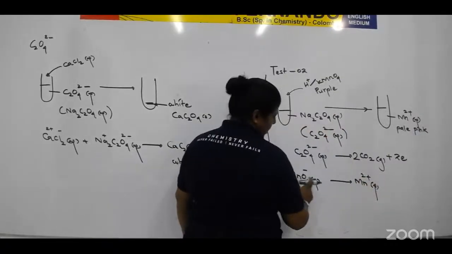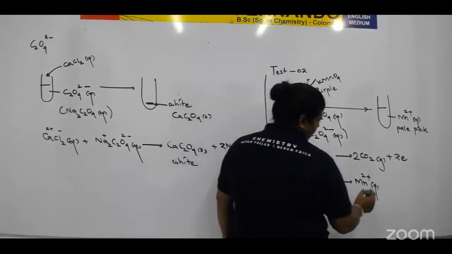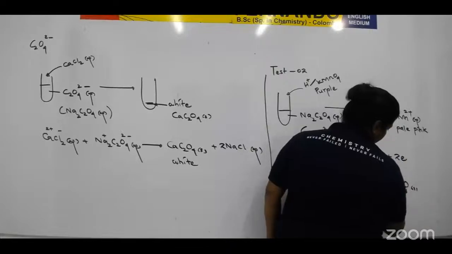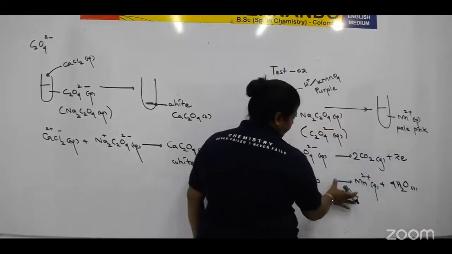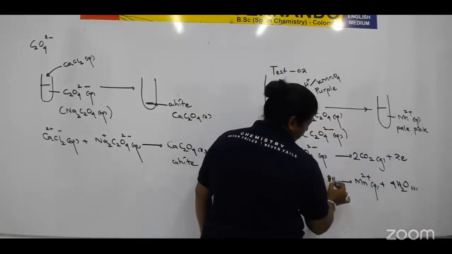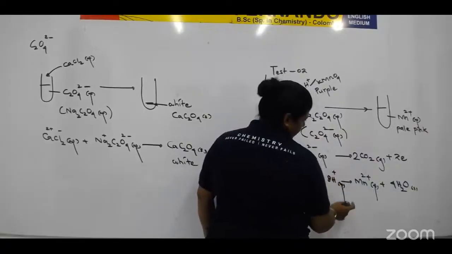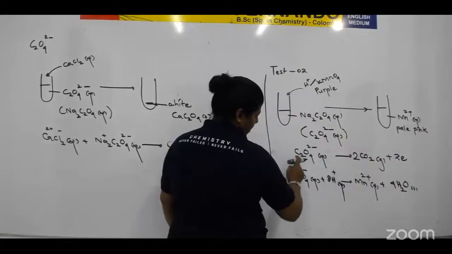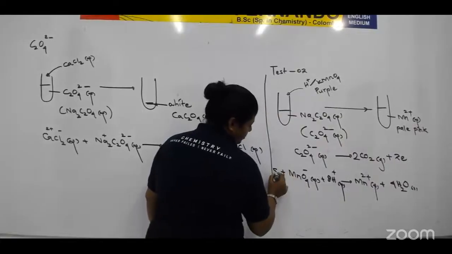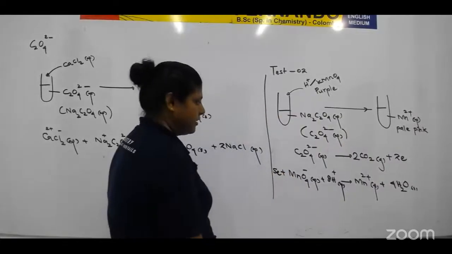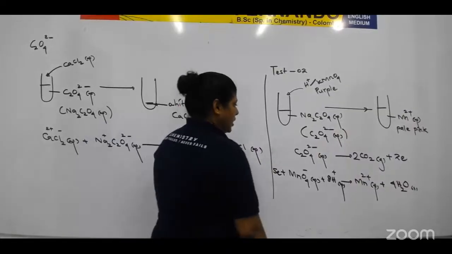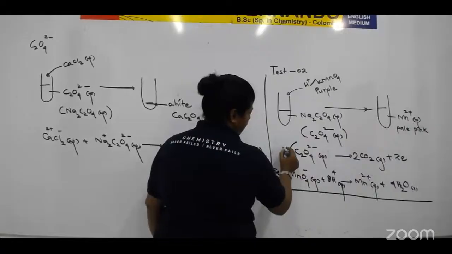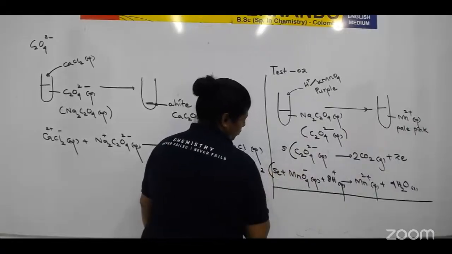Both sides have the same Mn. To get the same oxygen, add water to the product side, 4 into 2, 8, then add 8 H+. The overall charge here is +2 and here +7, so to get the same charges add 5 electrons. Then, to get the final balanced reaction, multiply this by 5 and this by 2.